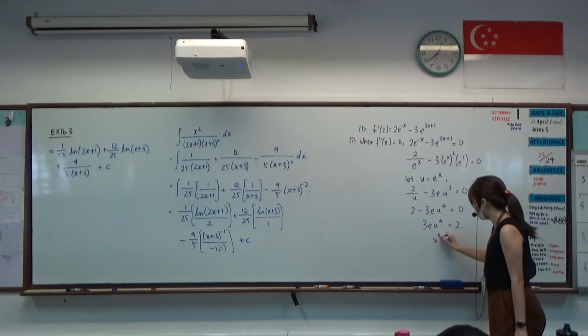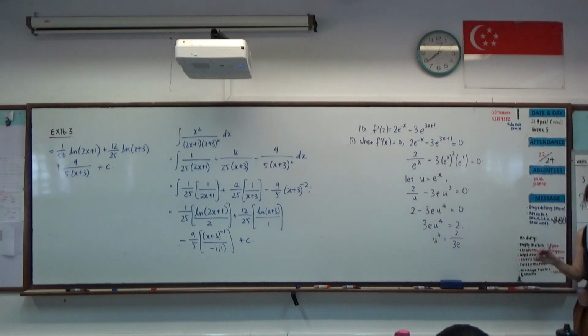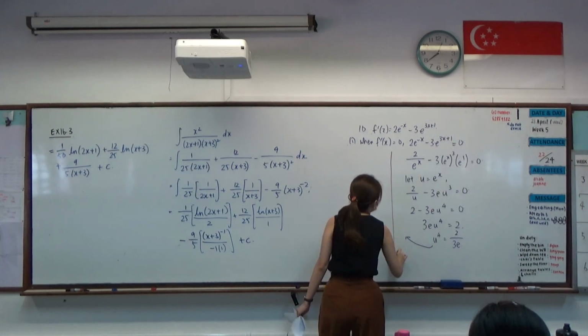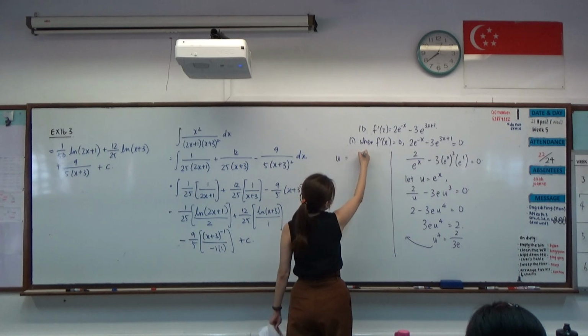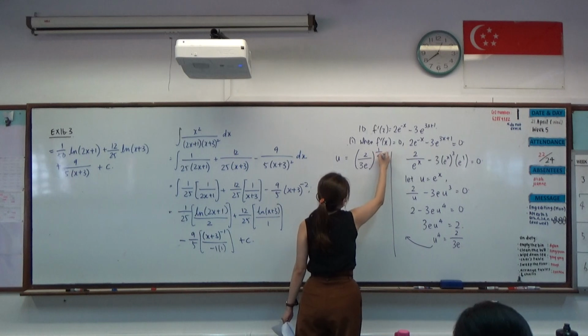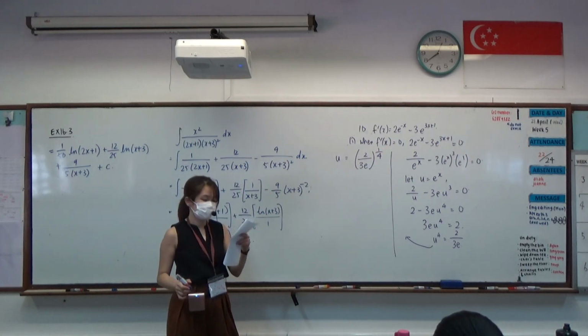That means u to the power of 4 is 2 over 3e. Okay? And that tells us that u is equal to the 4th root, or in other words, 2 over 3e to the power 1/4.